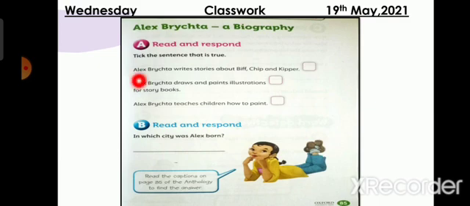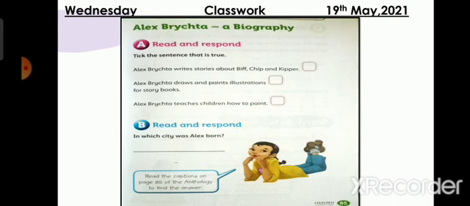The first one is, Alex Brichter writes stories about Biff, Chip and Kipper. The second statement is, Alex Brichter draws and paints illustrations for storybooks. And the third statement is, Alex Brichter teaches children how to paint.